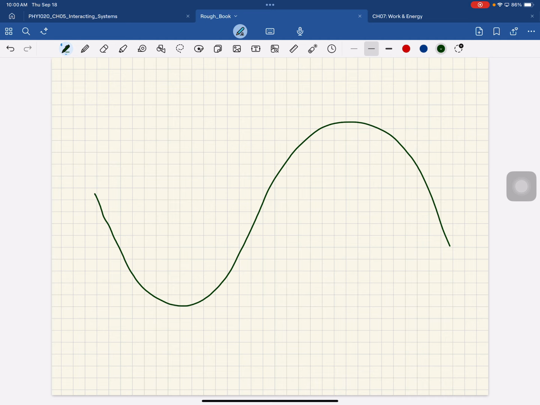If you're going on a roller coaster like this, and you're going fast, of course, otherwise you wouldn't pay the $80 to get on that ride. Here's your weight. Gravity never quits. But you're going on a circular path, so you need a net force like this.